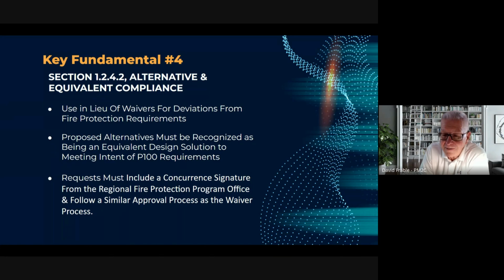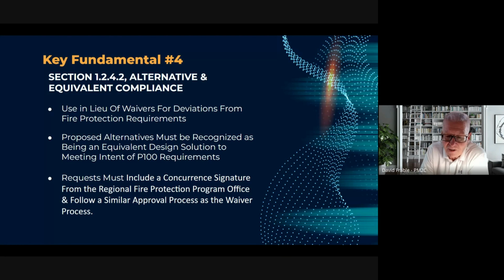Proposed alternatives must be evaluated by the Regional Fire Protection Program Office and deemed as an equivalent design solution in meeting the intent of the fire protection requirements in P100. All requests must also include a concurrent signature from the Regional Fire Protection Program Office and follow a similar approval process as the waiver process specified in P100.